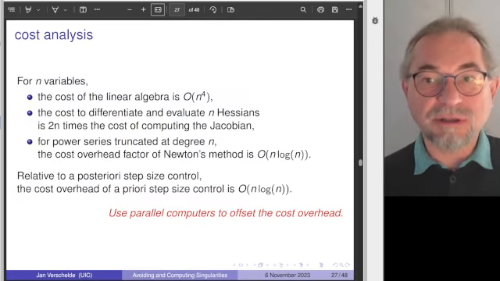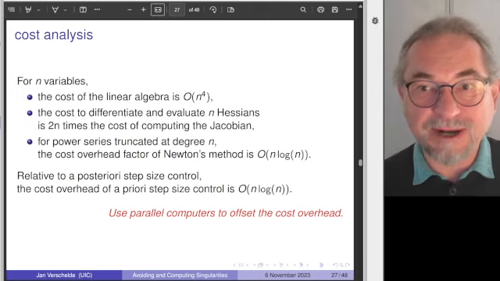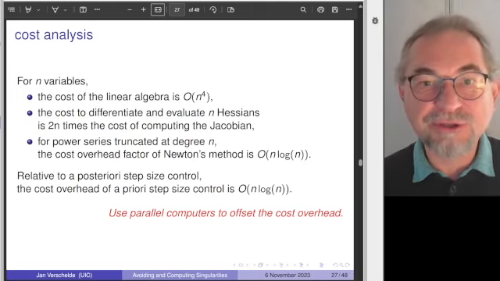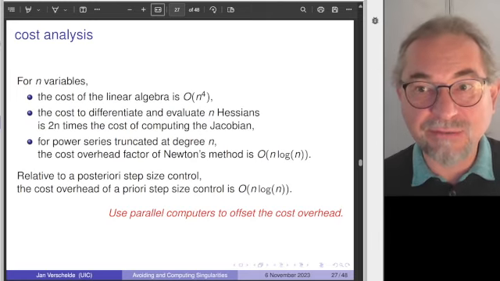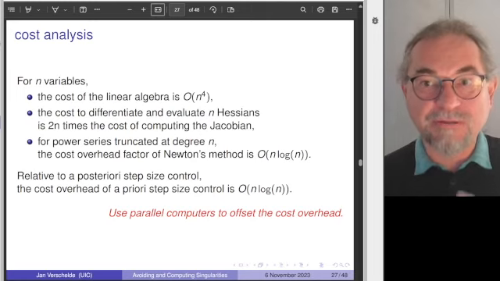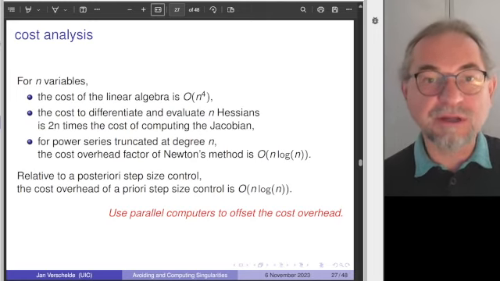Okay, so here is a back of the envelope cost analysis. So there is cost overhead. So we do n singular value decompositions. A singular value decomposition is cubic in the dimension, and we do n of them, so we have as many equations as unknowns.